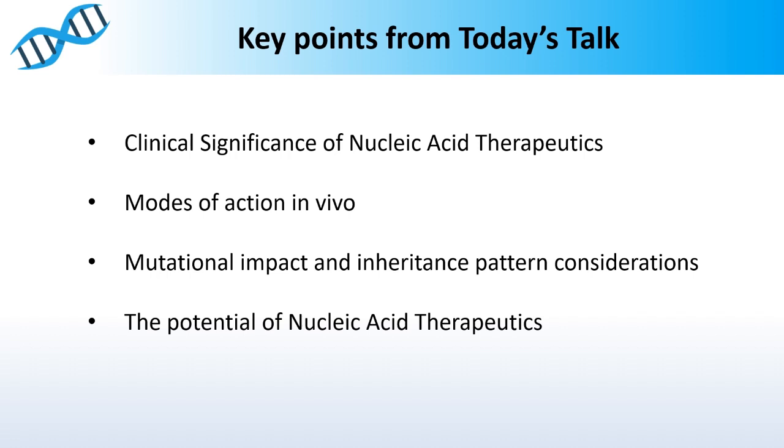And although I focused on inherited conditions, as I mentioned earlier, nucleic acid therapy can also be used to counteract non-inherited conditions or to supplement existing proteins or introduce new therapeutic proteins such as antibodies. And of course, this is all in addition to the use of nucleic acid-based vaccination against infectious diseases.